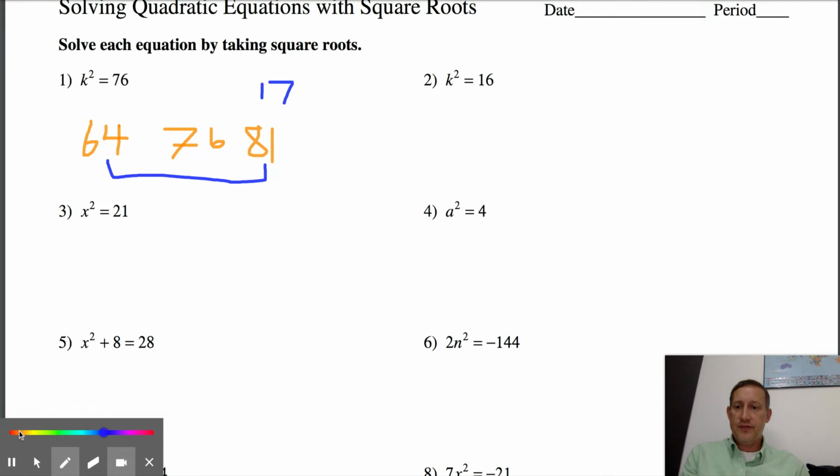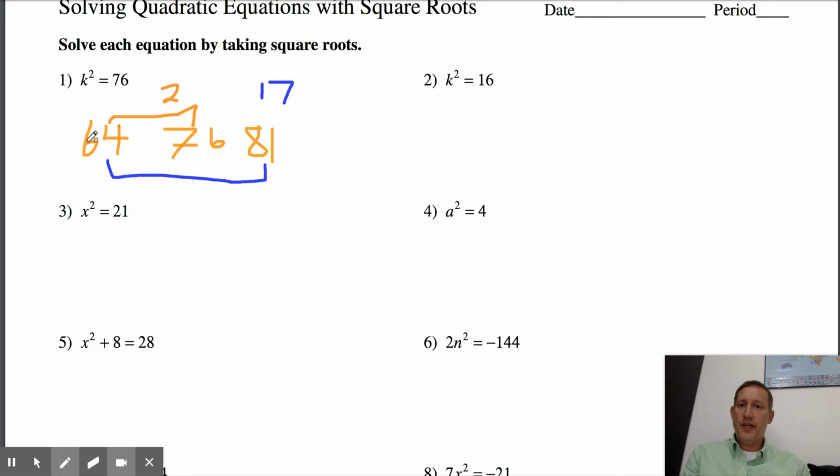And then, what is the distance from 64 to 76? That distance there, how much is that? Well, 76 minus 64 is 12.